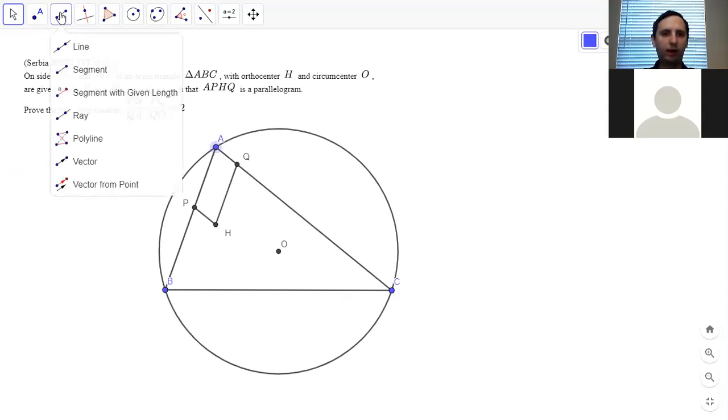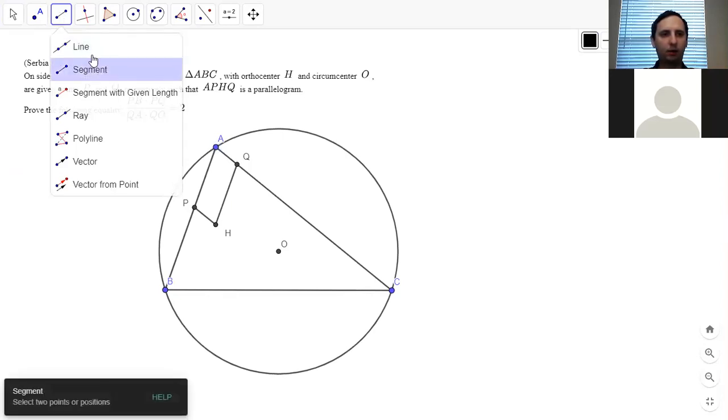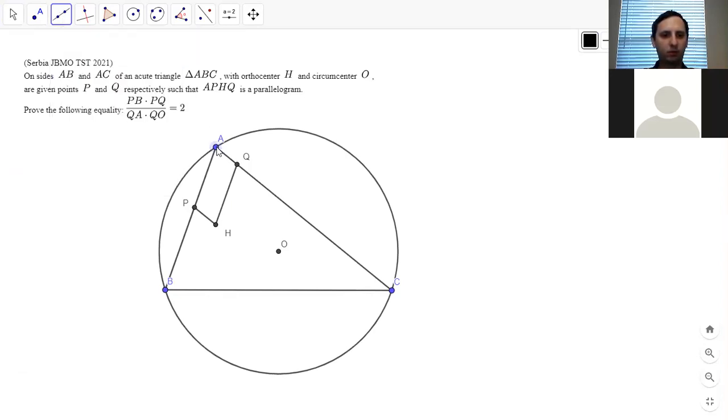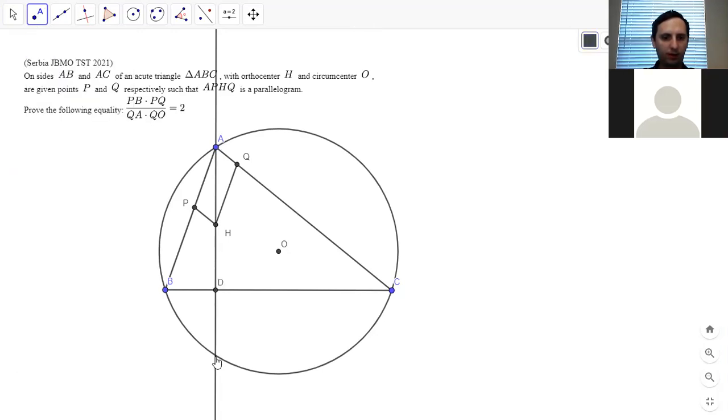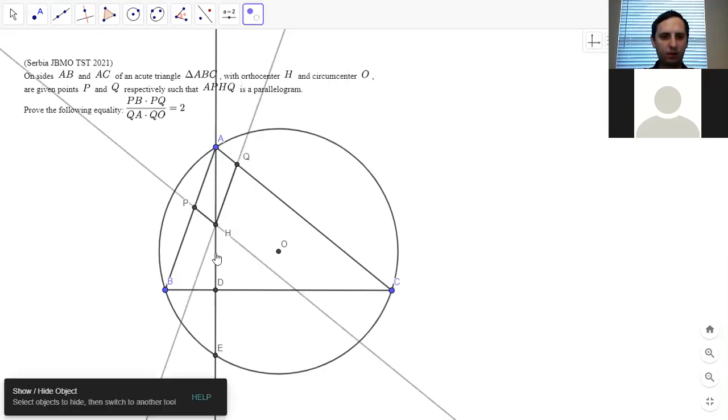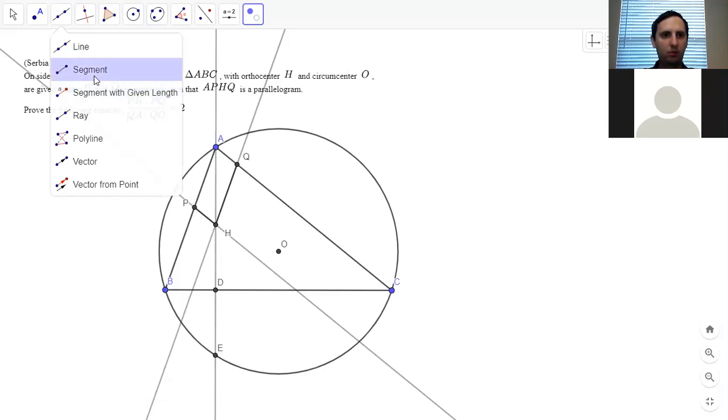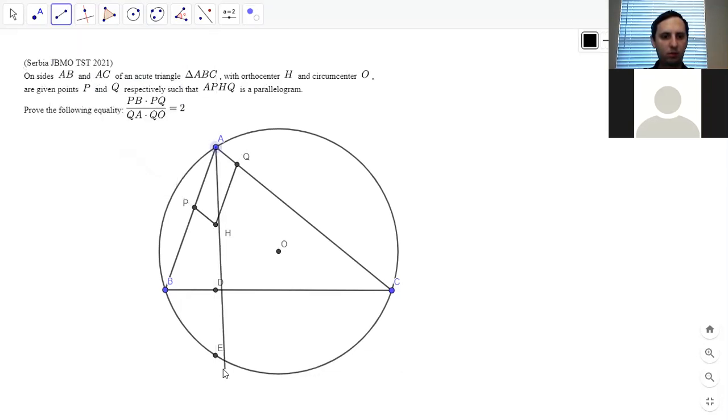Maybe it's worth drawing AH and letting it meet the circumcircle. So we know that HD equals DE. All right, so PB times PQ. So I guess by symmetry, oh, this is not a symmetric expression.